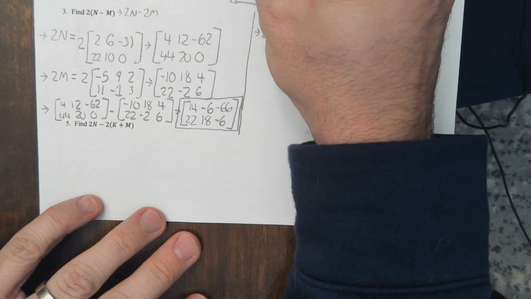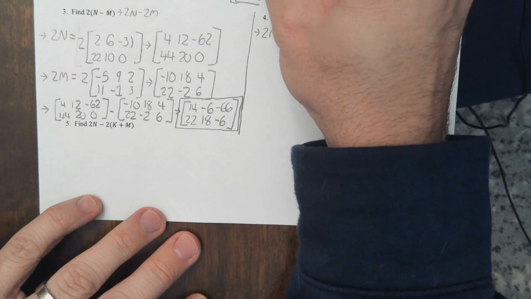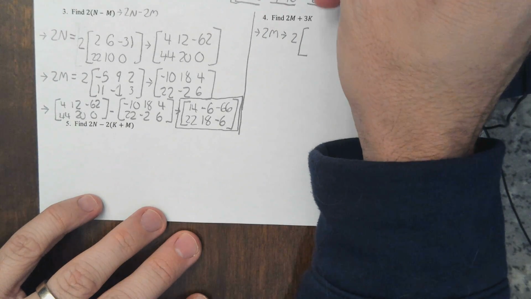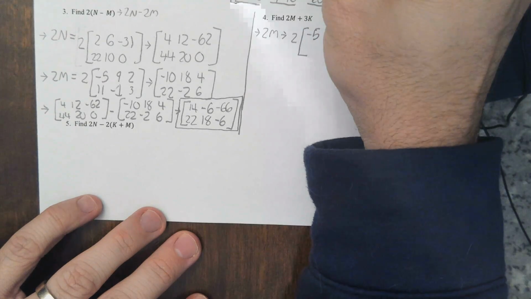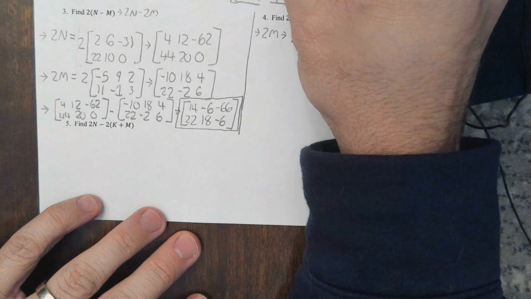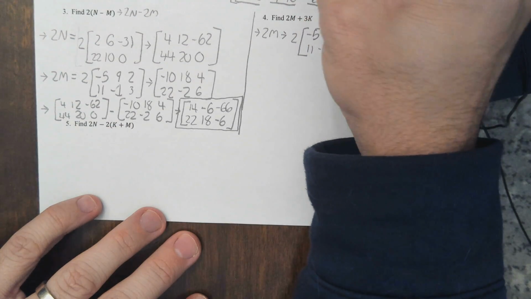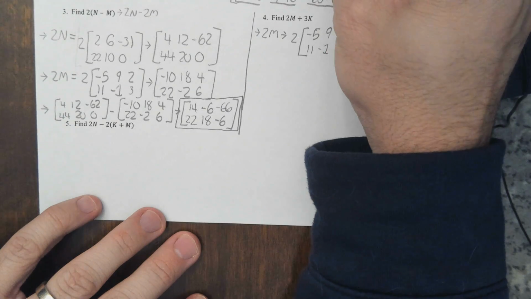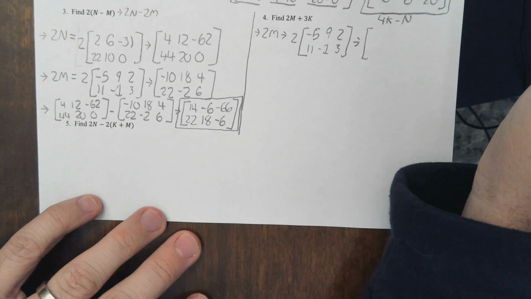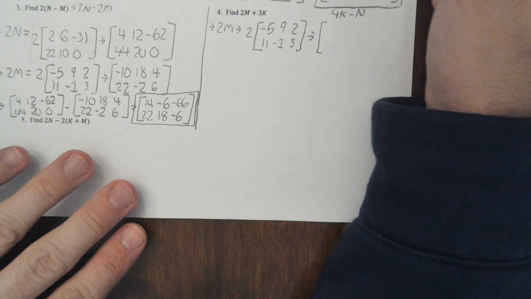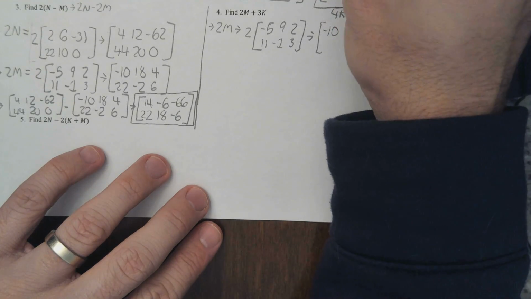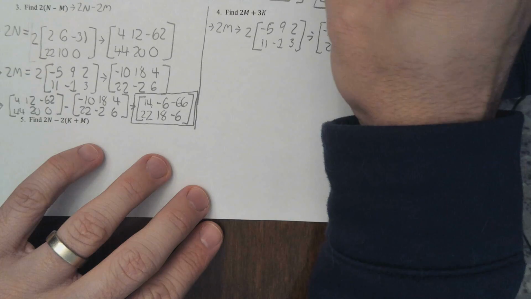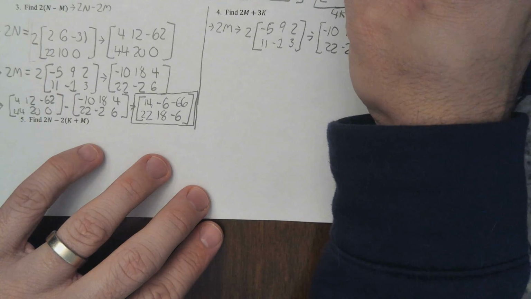So 2m is equal to 2 times this. You got a negative 5 here, 9, 2, 11, negative 1, 3. Multiply those all together. So you get negative 10, 18, 4, 22, negative 2, 6.